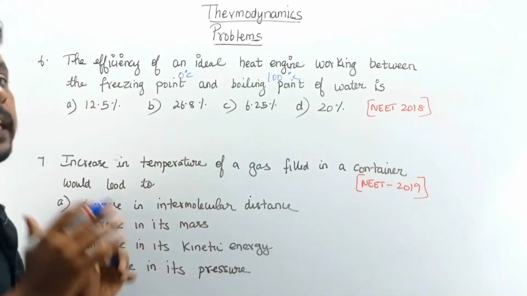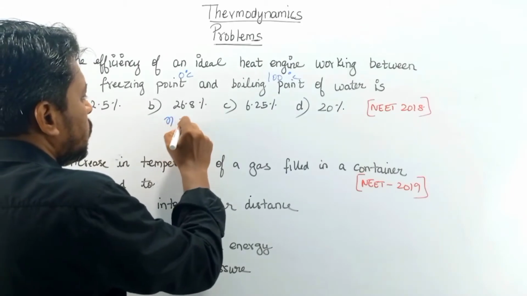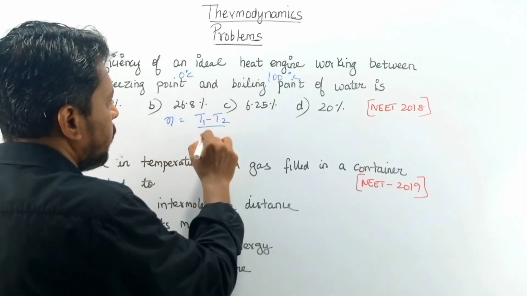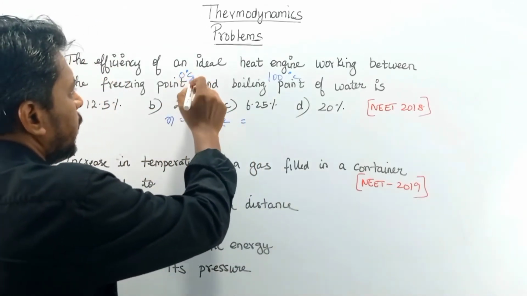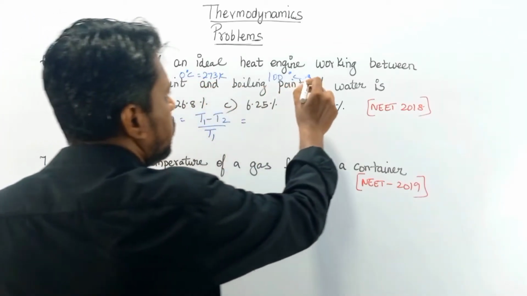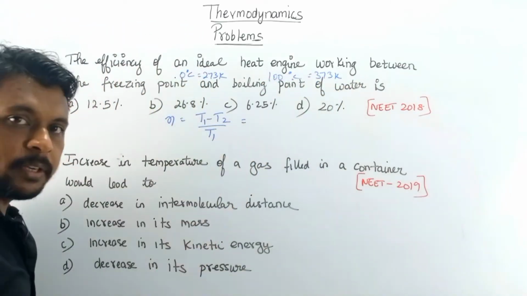They are asking what will be the efficiency of this heat engine. The efficiency in terms of temperature is T1 minus T2 divided by T1. When you convert this into Kelvin, this will be equal to 273 Kelvin and this will be equal to 373 Kelvin. So when you have 273 by 100, it will be 373 Kelvin.